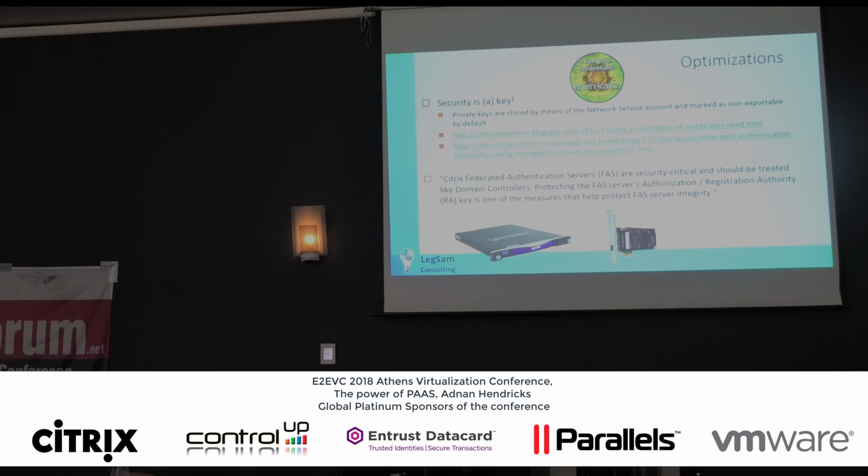And there is also documentation from Citrix to allow the FAS server to store the private keys in the HSM. So basically to switch from the Microsoft way of handling a private key to an HSM one. It's really important.